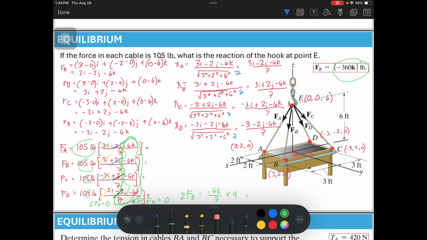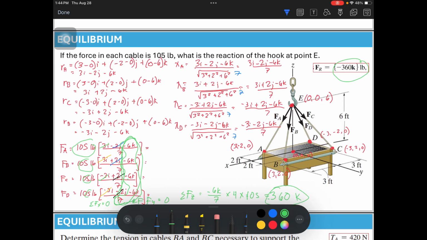So let's just multiply: 6 over 7 times 4 times 105 is 360. Negative, because it is downward. Don't forget that. So negative 360k, because it is on the z-axis.